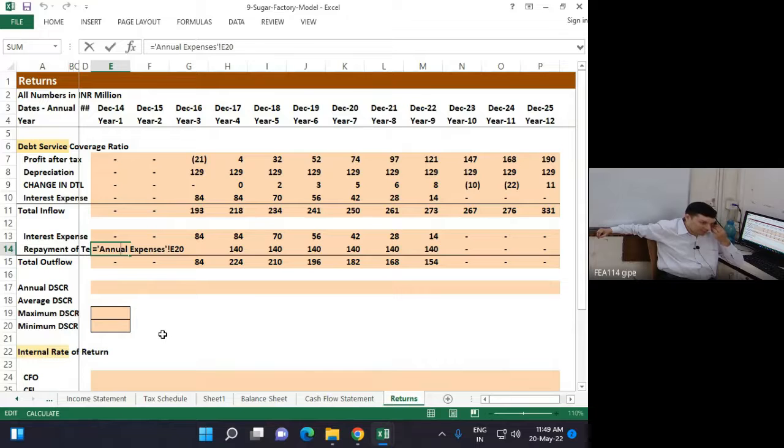Change in deferred tax, you can take that also from the income statement. See that you are taking everything from year 1, that is column number E. Sum.